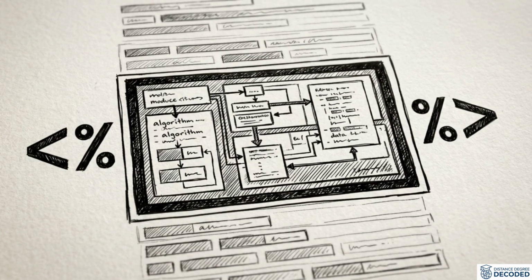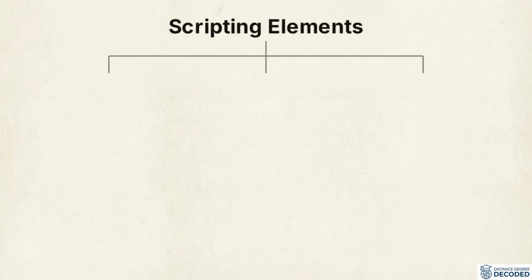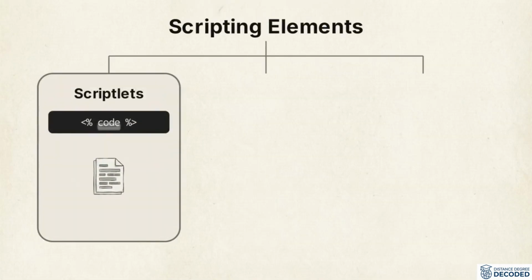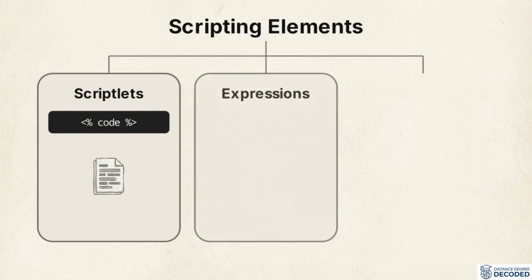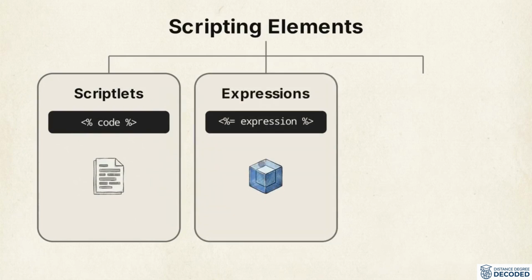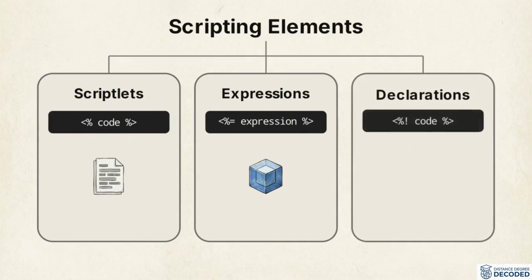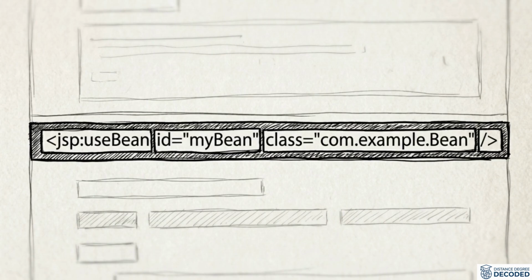Next are scripting elements. These provide the mechanism for embedding raw Java logic directly into the document. These elements are divided into 3 subtypes: scriptlets for writing blocks of execution logic, expressions for outputting data directly to the user stream, and declarations for defining custom methods. The third primitive is the action element.